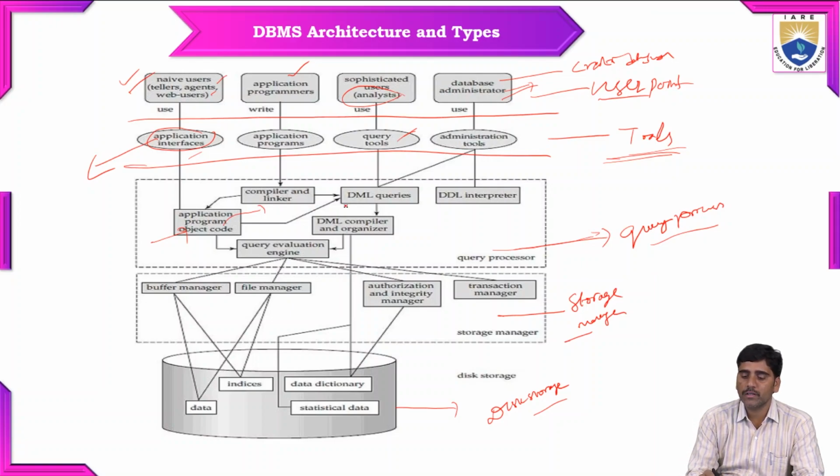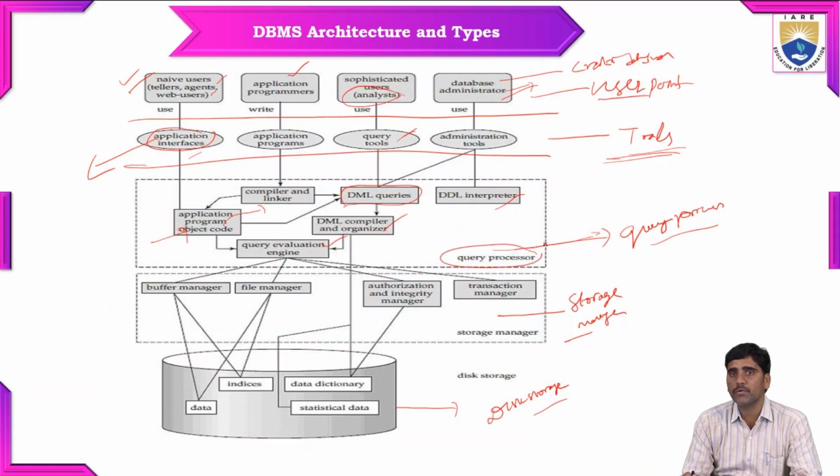If any query is written by the user, the queries are written in the form of DML, DDL, TCL, or TDL queries. For these queries there are the DDL interpreter, DML compiler and organizer, and the query evaluation engine. These are the query processor components.